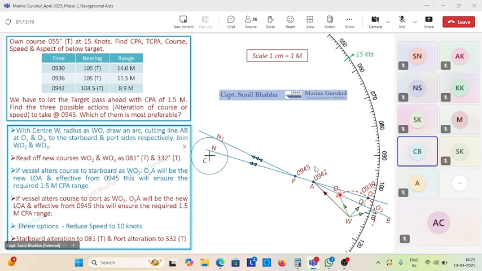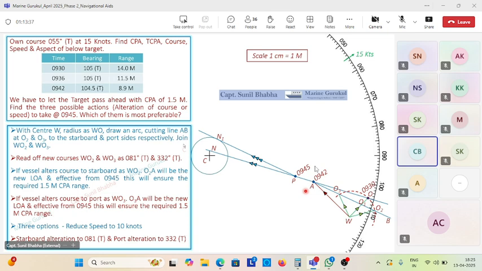You see, the rate of approach will become very less. O3A gives you the rate of approach, and our ship will have to stay off course for a much longer period. So alteration to port is not recommended in this case.